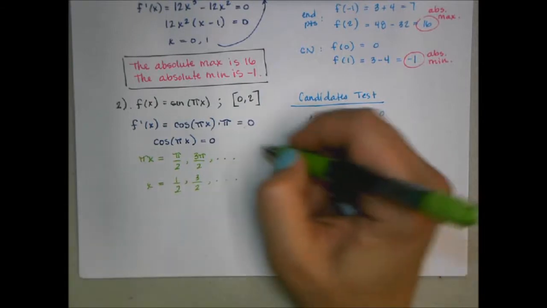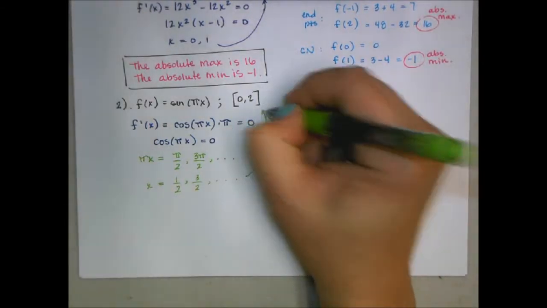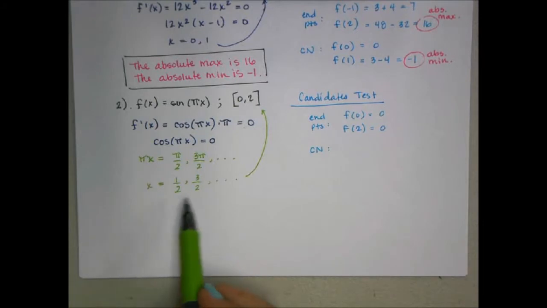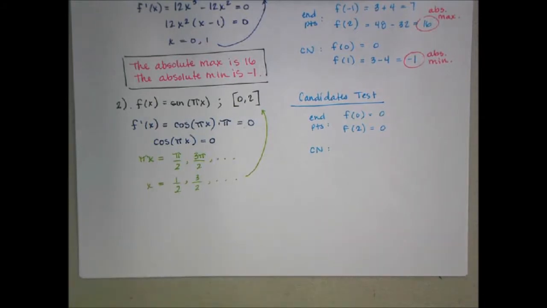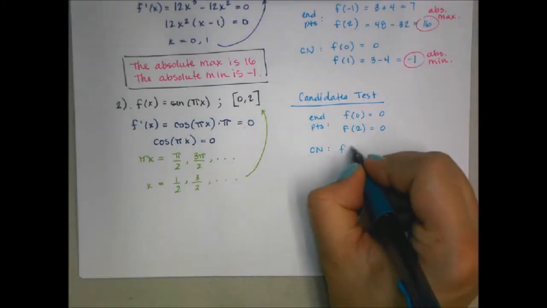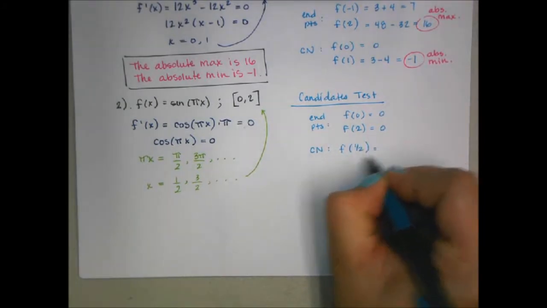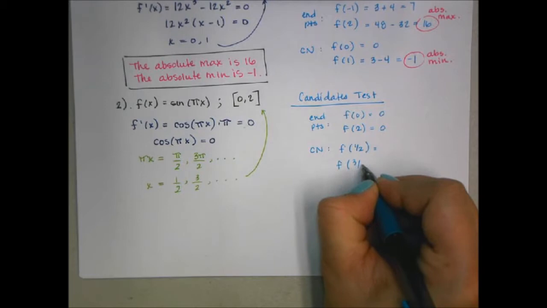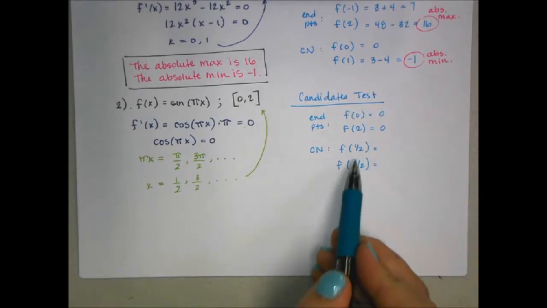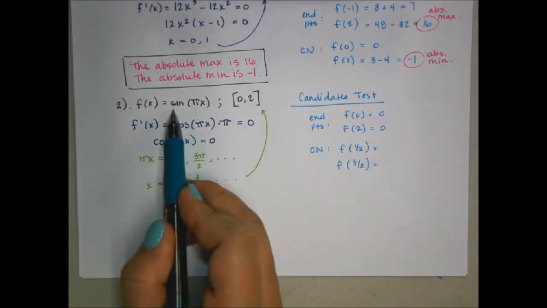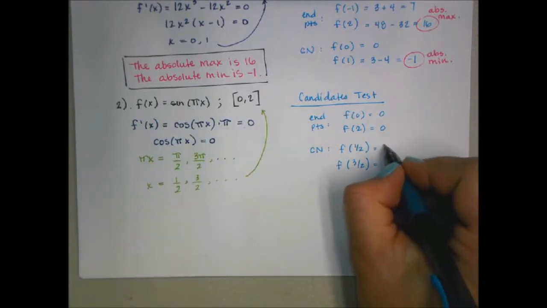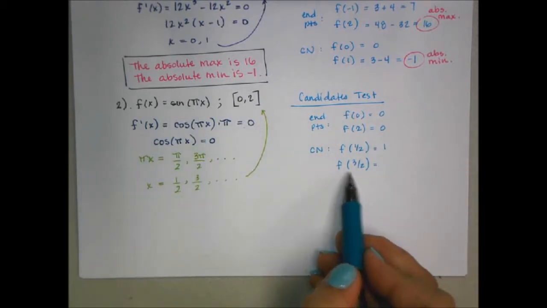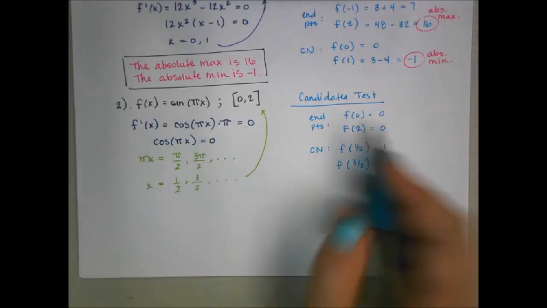But I only want to keep the values that are within my interval here. So that's only going to be 1/2 and 3 halves. So those are my critical numbers to test. Plugging in 1/2 to our function, we get sine of pi over 2, and sine of pi over 2 is 1. Sine of 3 pi over 2 is negative 1.